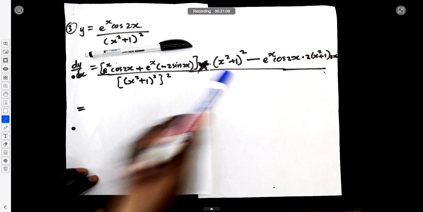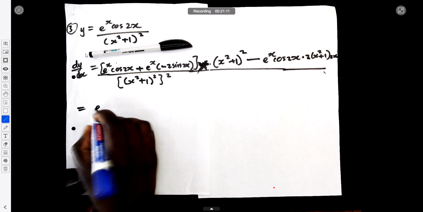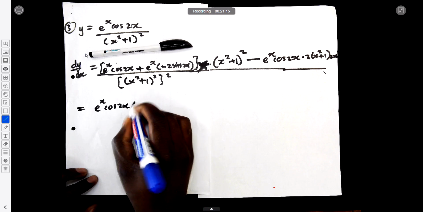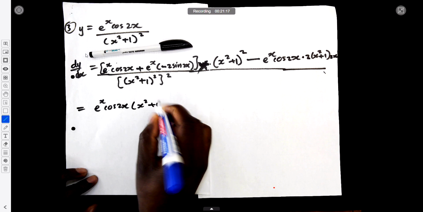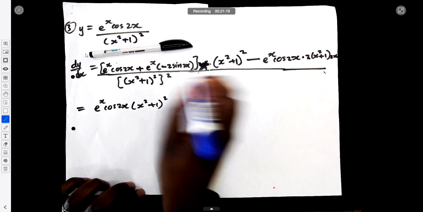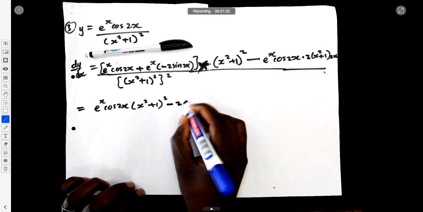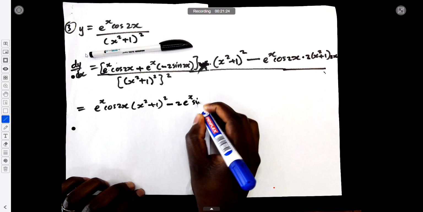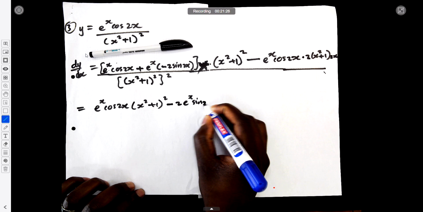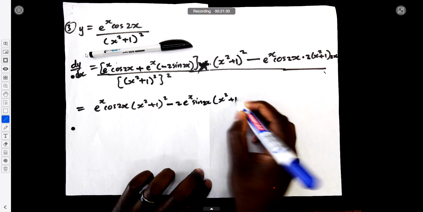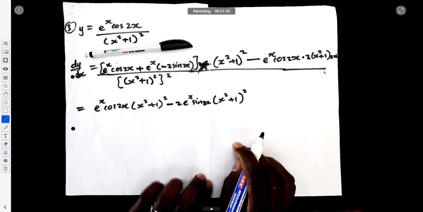Okay, if I multiply by that, I'm going to have e to the power of x cos 2x bracket x squared plus 1 to the power of 2. This multiplies that, I'll have negative 2 e to the power of x sine 2x multiplied by x squared plus 1 all to the power of 2.